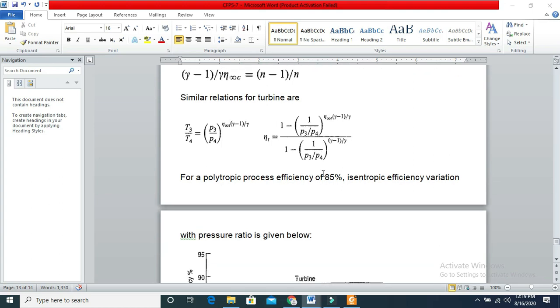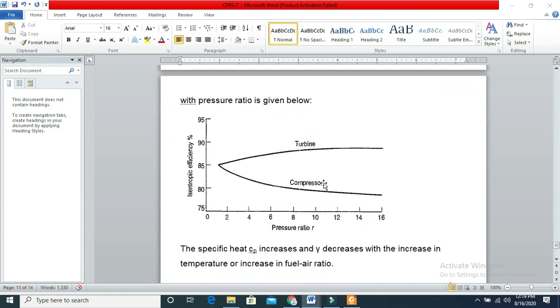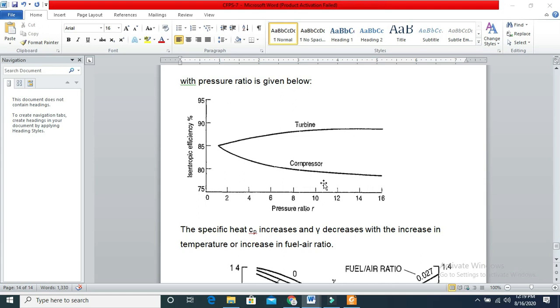Now for the purpose of example, suppose the polytropic efficiency is 85%. The variation in the isentropic efficiency is shown in the figure. The compressor isentropic efficiency, or turbine isentropic efficiency, depends on the number of stages. So as the number of stages increase, the pressure ratio increases, and the compressor overall efficiency decreases.